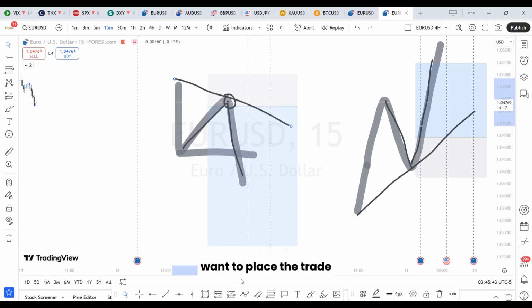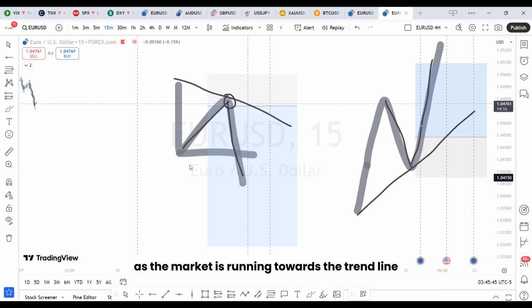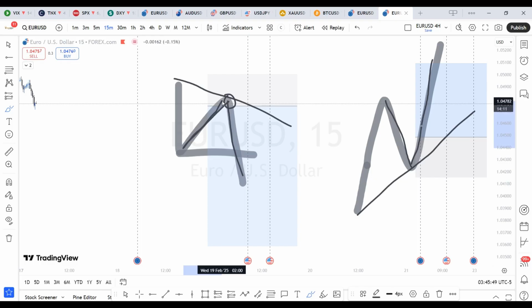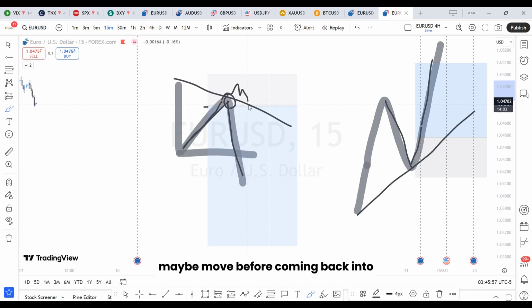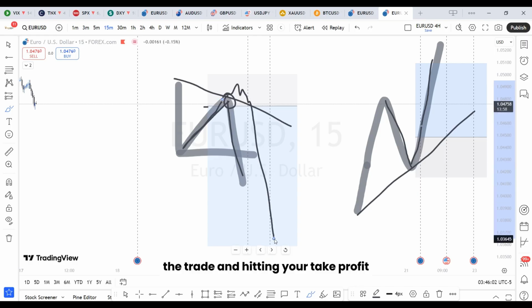We want to place the trade as the market is running towards the trend line. The market now triggers your entry. Then after triggering your entry, the market can decide to move before coming back into the trade and hitting your take profit.